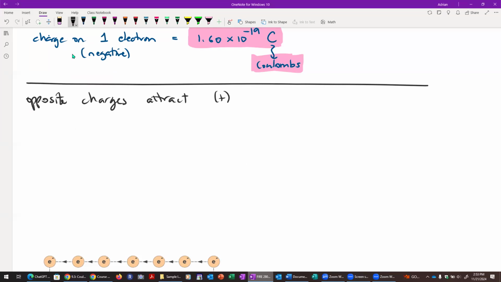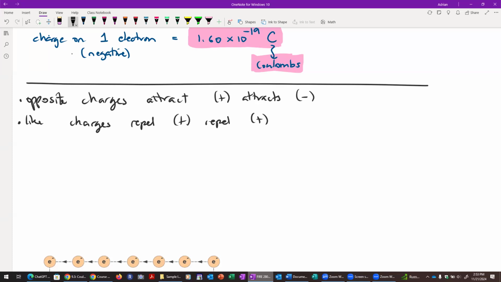Okay, so positive attracts negative and vice versa. And then we know that like charges will repel. So for example, two positive charges will repel each other. Two negative charges will repel each other as well.